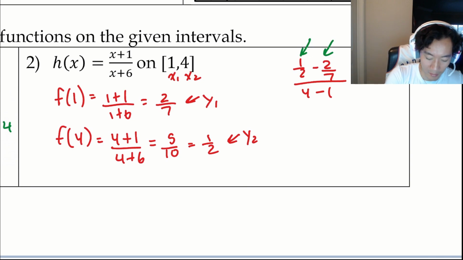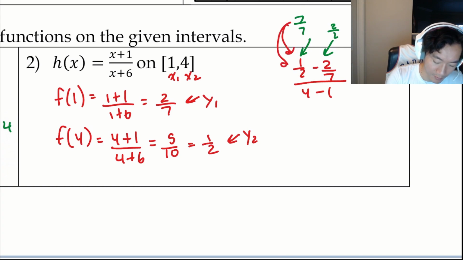So I'll take this one and multiply by 7 over 7, and the second one by 2 over 2, right? And so that ends up changing the numerator to be 7 over 14, right? 7 times 1, 7 times 2, minus 4 over 14, right?